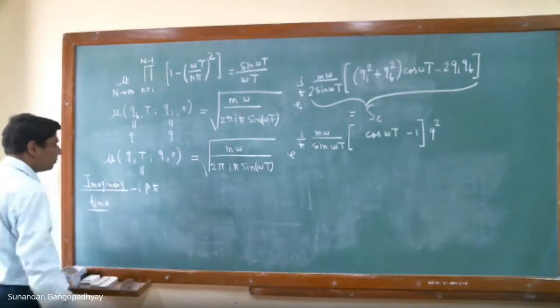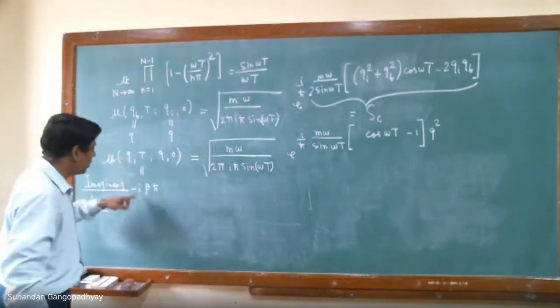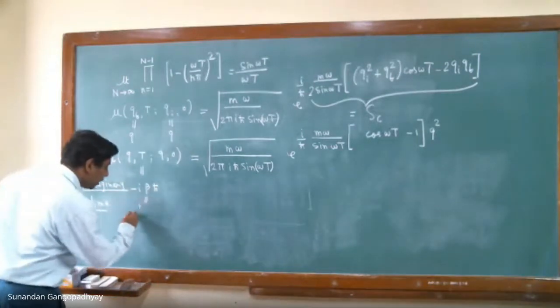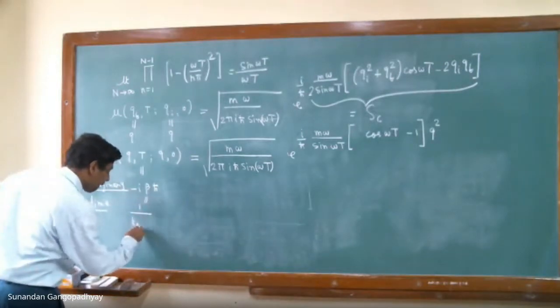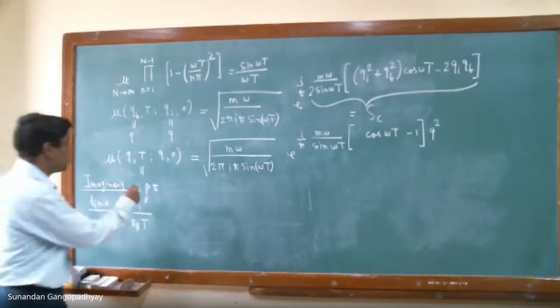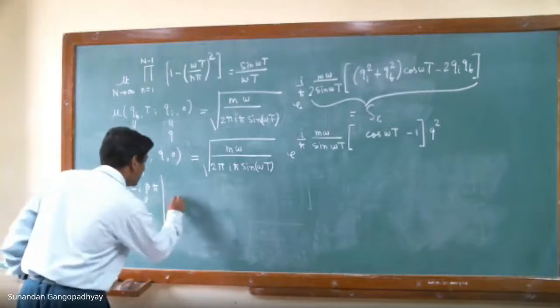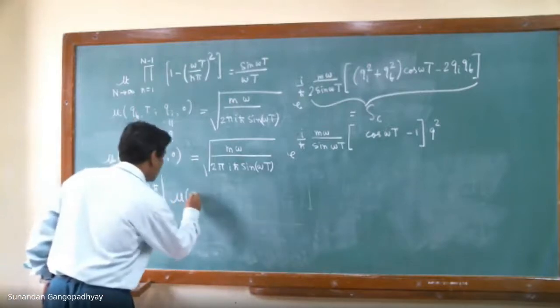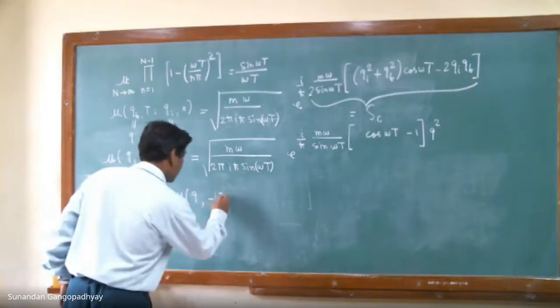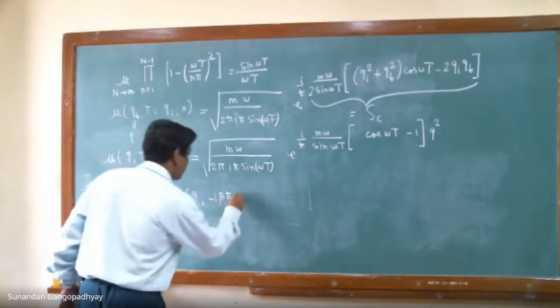So we shall set T equal to minus I beta h bar, where beta is basically 1 by k_B T. So this therefore becomes the propagator from q, 0 to q, minus I beta h bar.